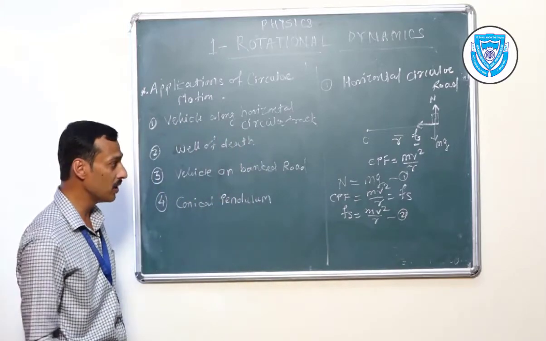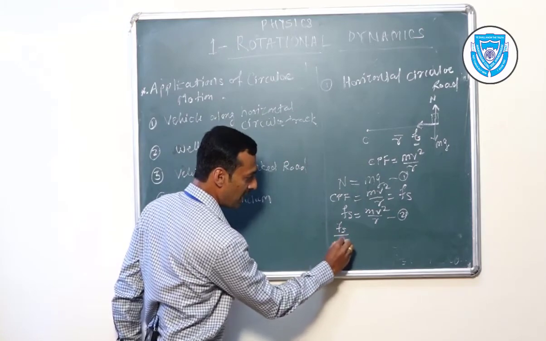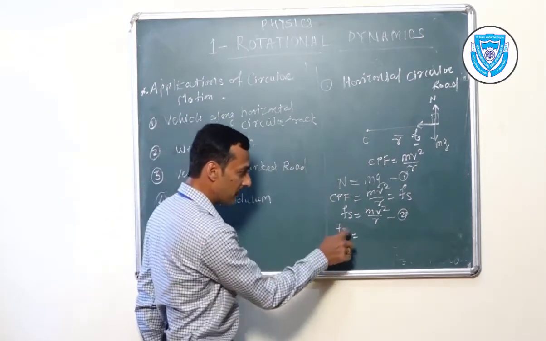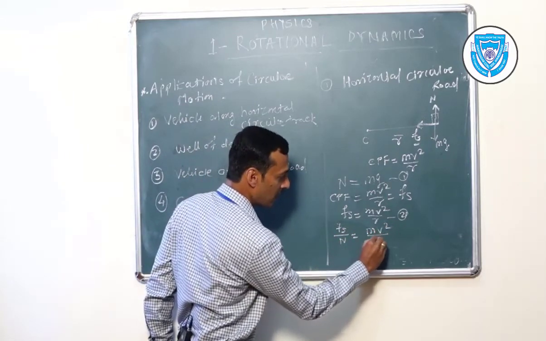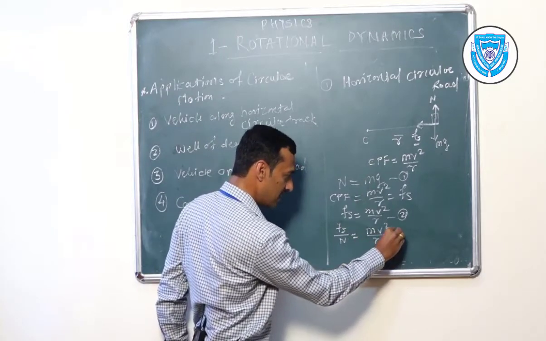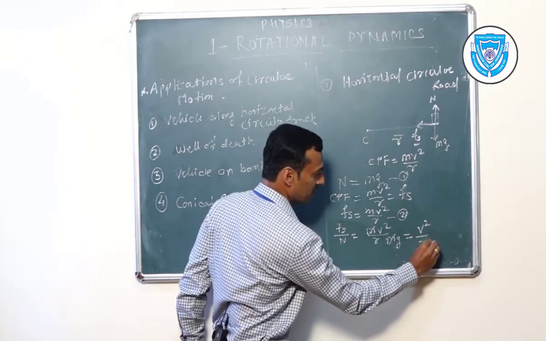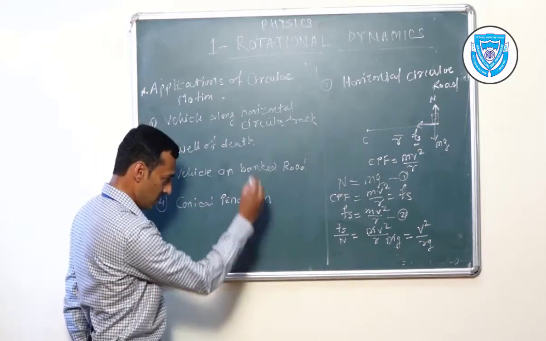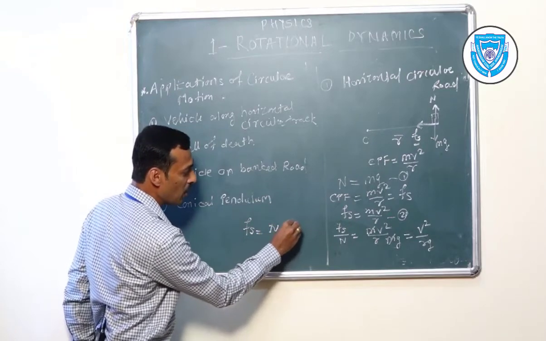If I divide equation 2 by equation 1, then Fs upon n is equal to mv square upon r divided by mg. This m gets cancelled, and we get v square by rg. But what is Fs upon n? Fs is nothing but n into mu s.